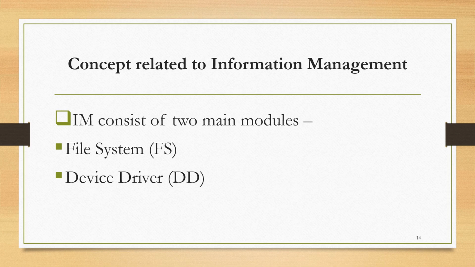Now we see details of these three services of OS. The first of that is IM services, information management services. IM services can be further divided into two. One is file system, one is device driver.